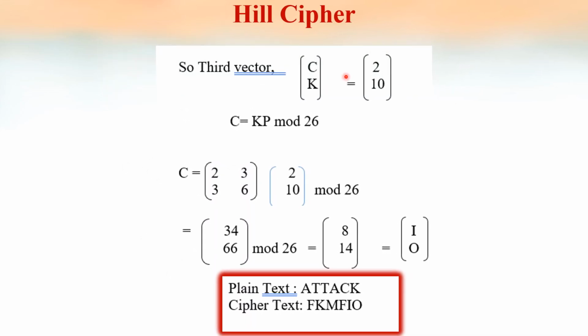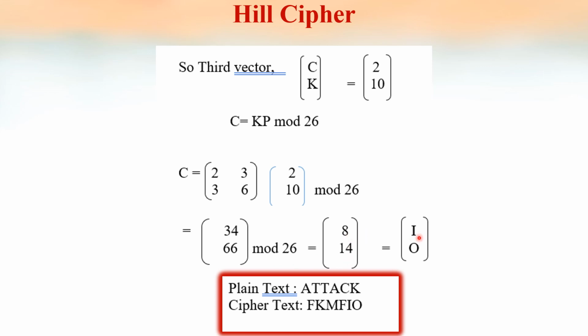Now the third vector, CK. C is 2, K is 10. C equal to KP mod 26, where the key is 2336 and the plain text is now 2 10. Multiplying these two matrices, we get 34, 66. 34 mod 26 is 8, and 66 mod 26 is 14.